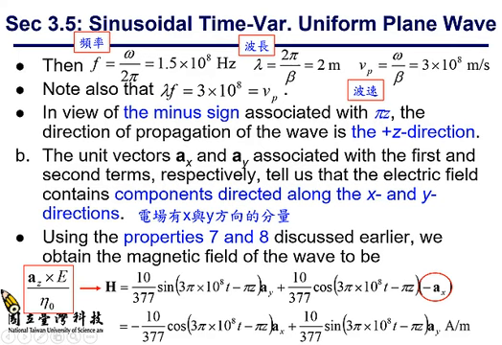So the vector E, vector H, and the propagation direction, which I used to label as K direction, are perpendicular to each other. And it follows the right-hand rule, so the cross of E and H will end up in the direction of K.